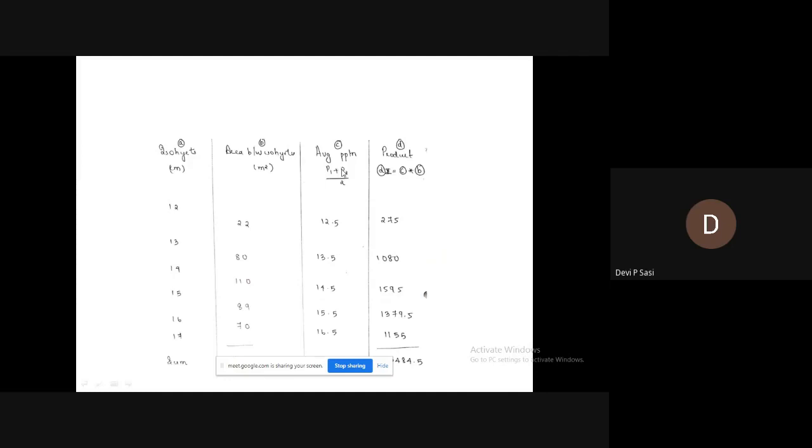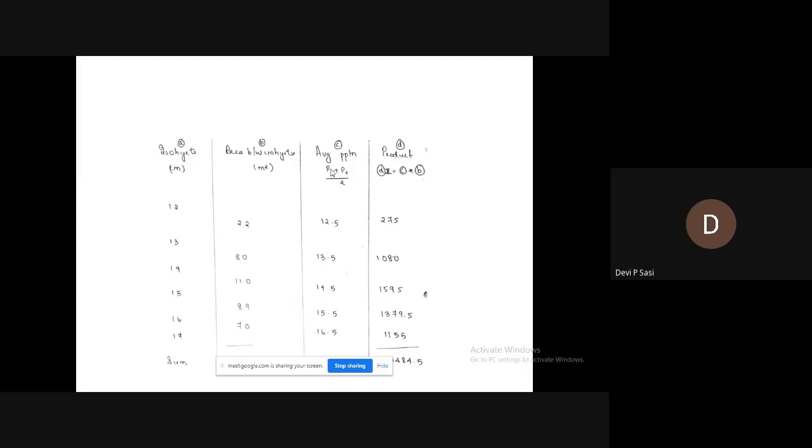Now the next column is the important column because you have to calculate it. Write product, column D. It means D is equal to C into B, that is A into (P1 plus P2) by 2. The second column is area, the third column is average precipitation, and the fourth column is second column into third column.